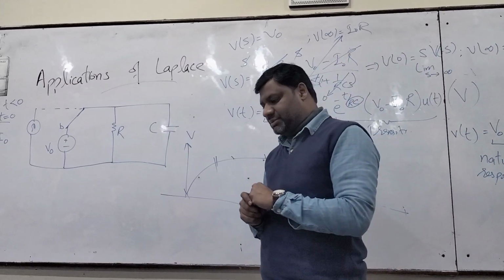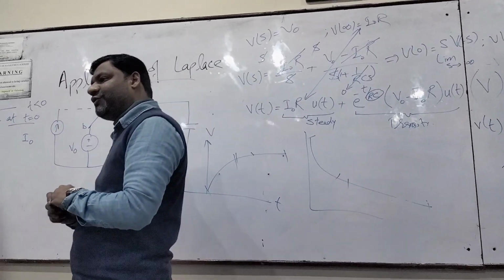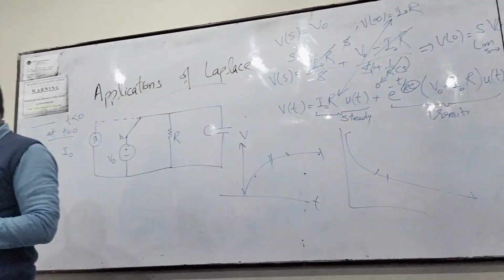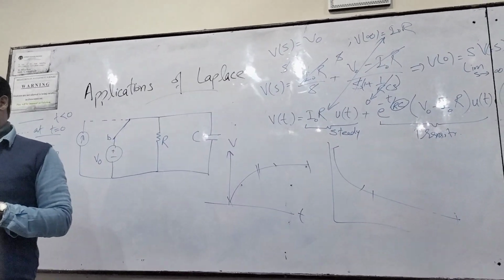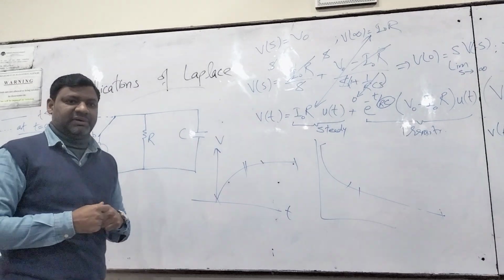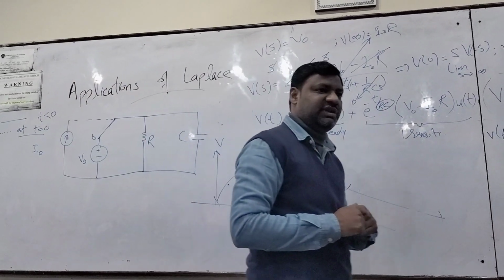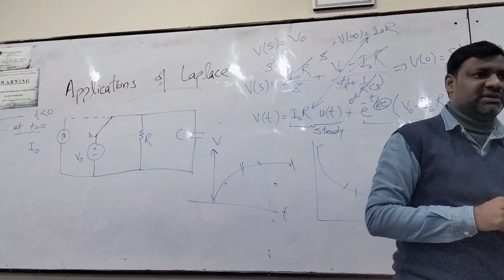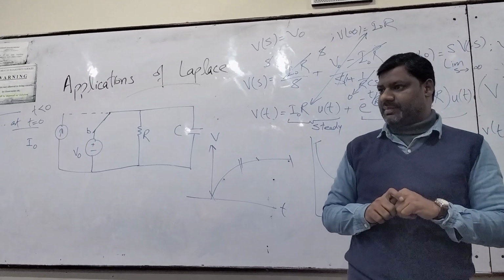Then there was some magic of frequency: if we just tune the frequency, we can find the magnitude over our required frequency range, which was called filters, the frequency response.